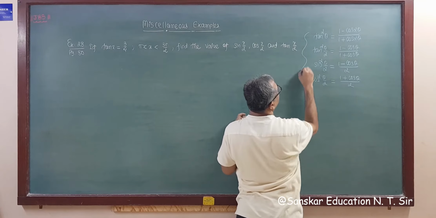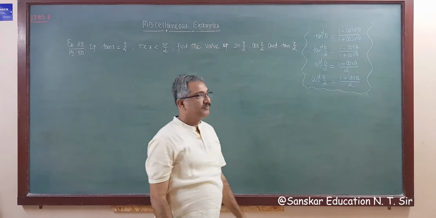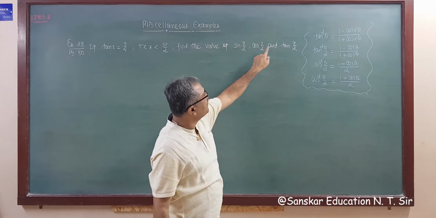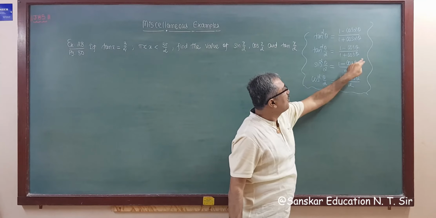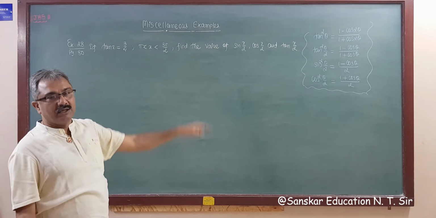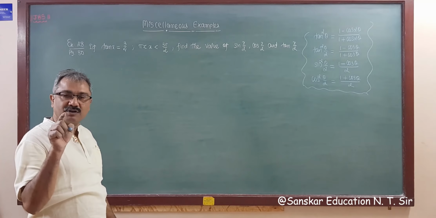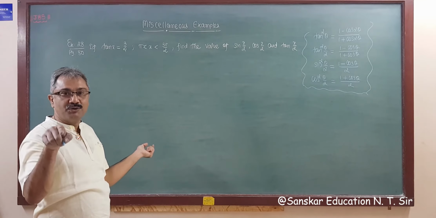So in all formulas, what do you need? You need cos. We have to find out sin x by 2, cos x by 2, and tan x by 2. So in all, we need only cos. So cos is important for this type of questions. Remember this thing. Okay? So this is one of the hints. What to do, you don't know, but I told you now.